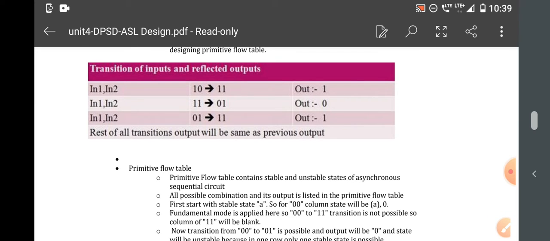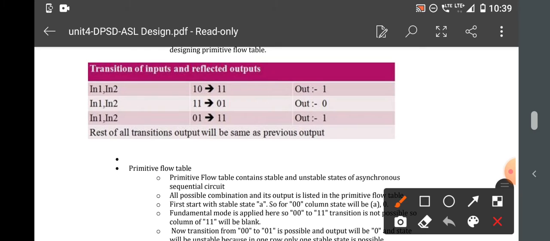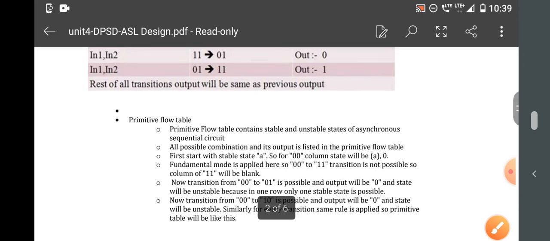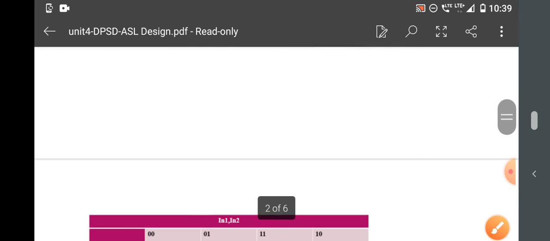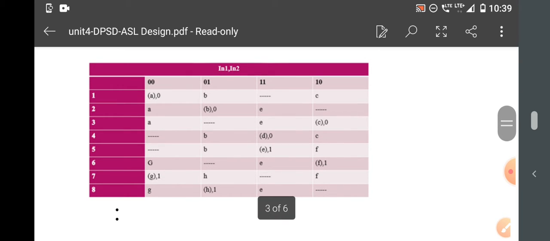This is what we have discussed, the 3 conditions. It can move from 1 0 to 1 1, 1 1 to 1 0, 0 1 to 0 1. These are the conditions taken from the problem statement. So this is how the primitive flow table arises from the flow diagram.